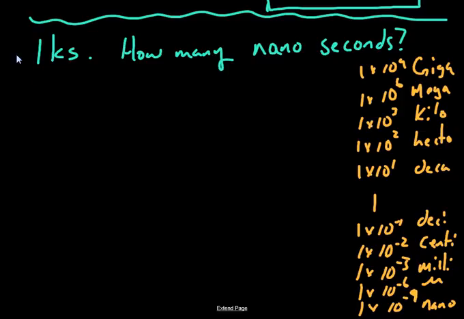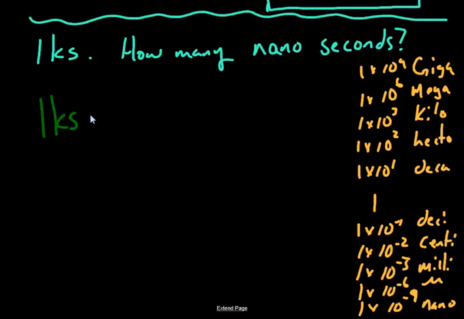So we're going to use 2 conversion factors now. We're going to use this list to figure out what we're doing. Now the short answer is there's a trillion of them, and I can know that by looking at this. But we're going to use this method; it's a foolproof way of sorting this out. So I want to go from kiloseconds, and I have 1 kilosecond. The first thing I want to do is get it to seconds, so we want to go from kilo to second.